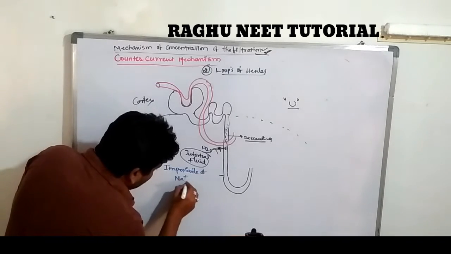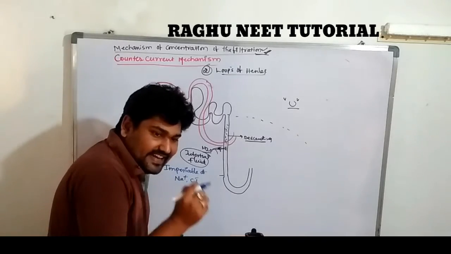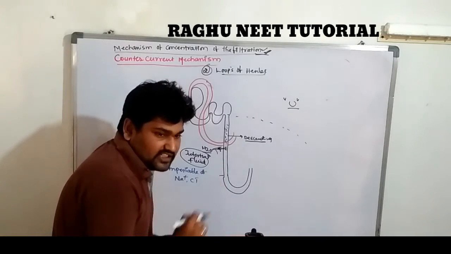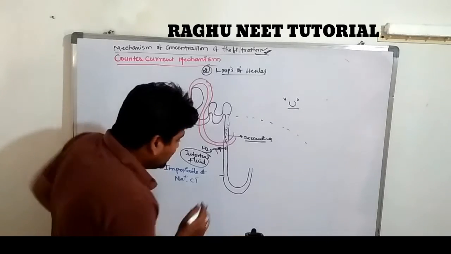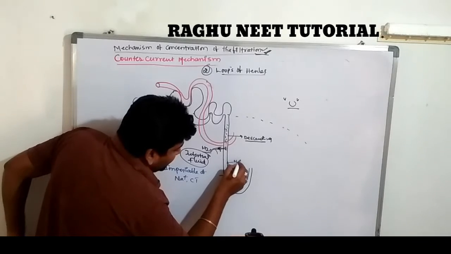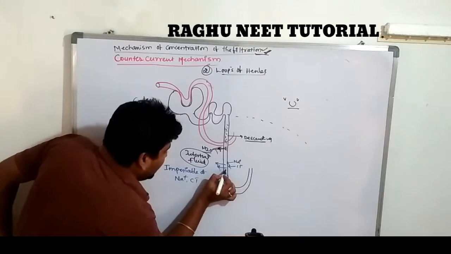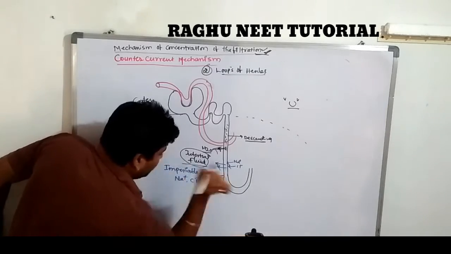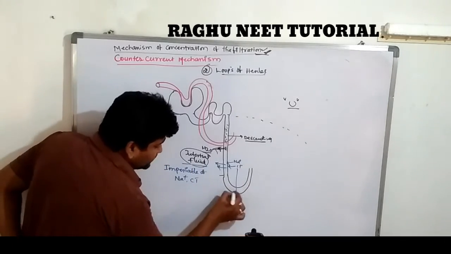But in this process, a passive mechanism occurs. In passive transport, the descending limb is also permeable to sodium and chloride ions, from the descending limb to the interstitial fluid. This is known as a passive process.